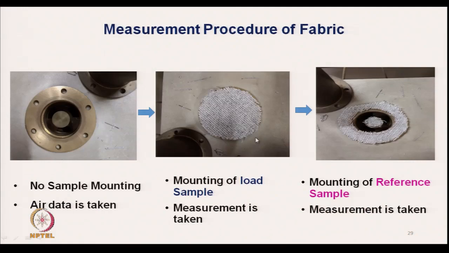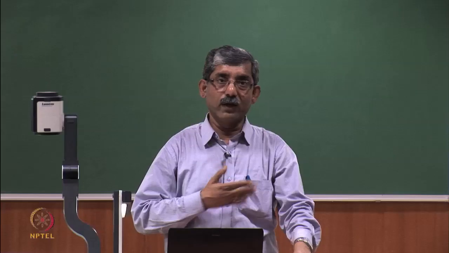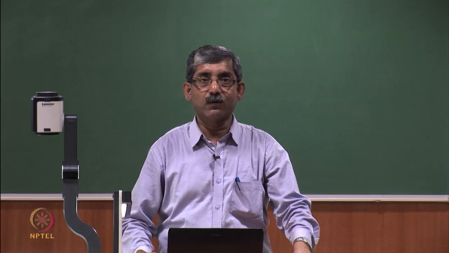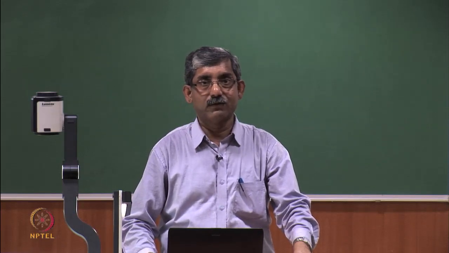So, the measurement procedure is this. This is the basic instrument where no sample was mounted and only air data was taken. With the instrument without any sample, the electromagnetic wave passing through air was calculated for reference.